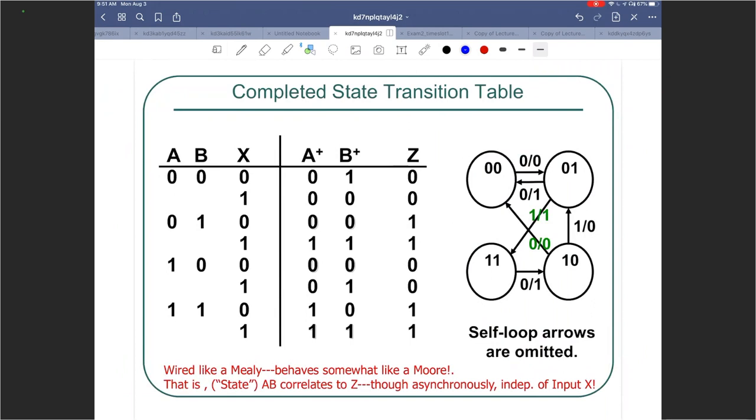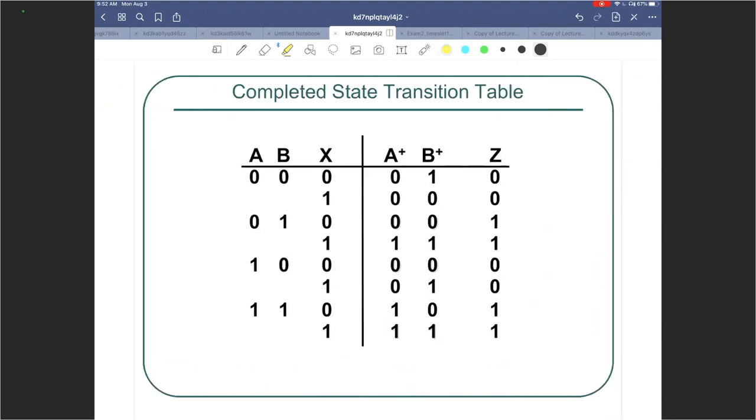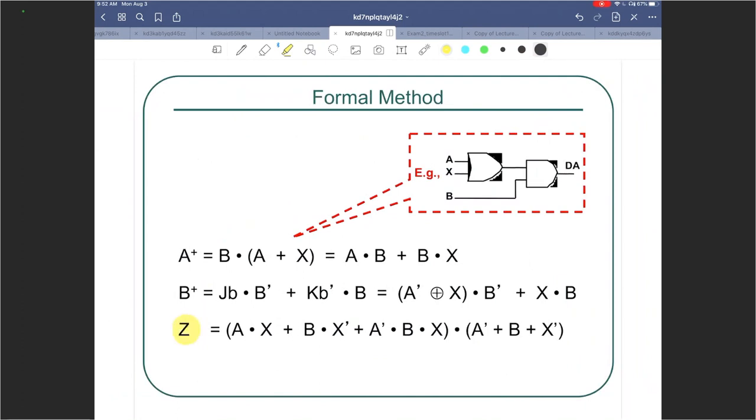Now, something that is unique to this example is this. If you observe the output Z, even though logic expression wise, Z depends on A, B, and X, right? So if you did even just some logic expression, it would have A in it, B in it, X in it. And that might indicate that this is a Mealy machine.